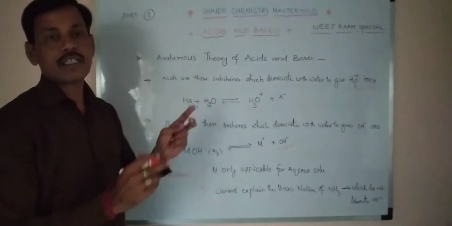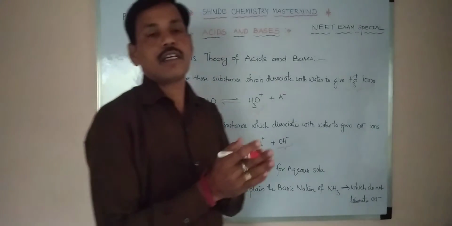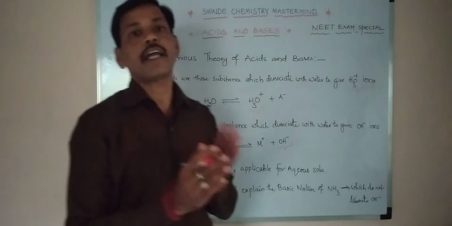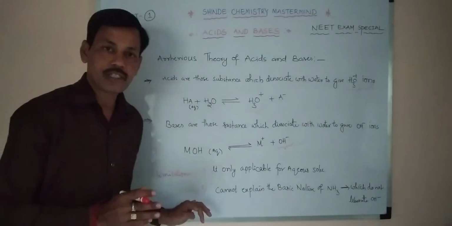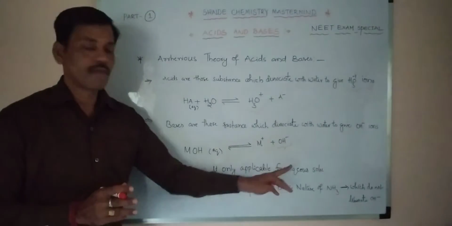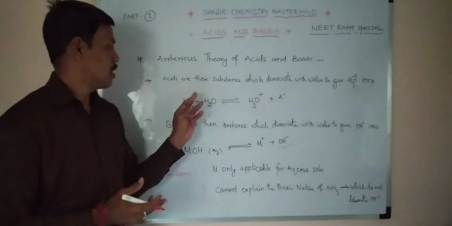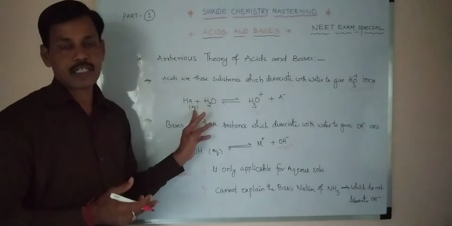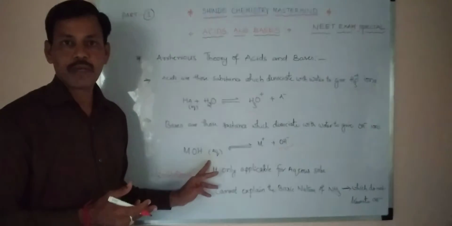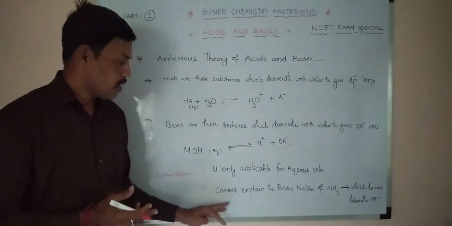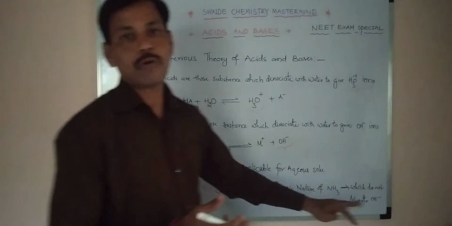This Arrhenius theory is only applicable for aqueous solutions. If you see the limitations, it is only applicable for aqueous solutions, since aqueous acid and aqueous base are taken. It also cannot explain the basic nature of ammonia.